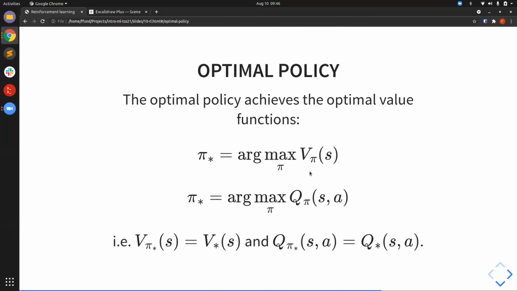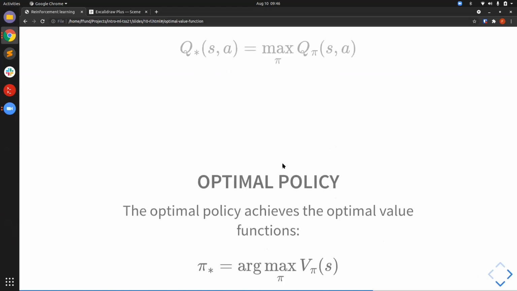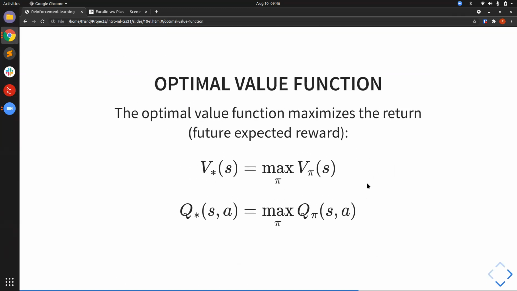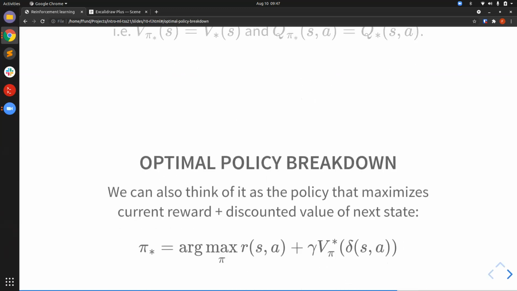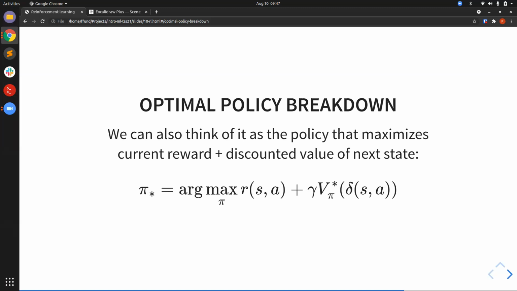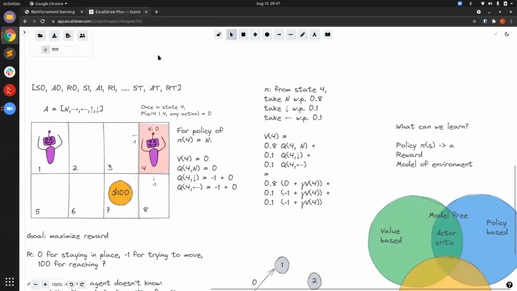And we said we could also think of it as maximizing the current reward plus future discounted reward. So we're interested in the policy that maximizes the current reward for an action plus the discounted value of the next state. Why do we care about future rewards?